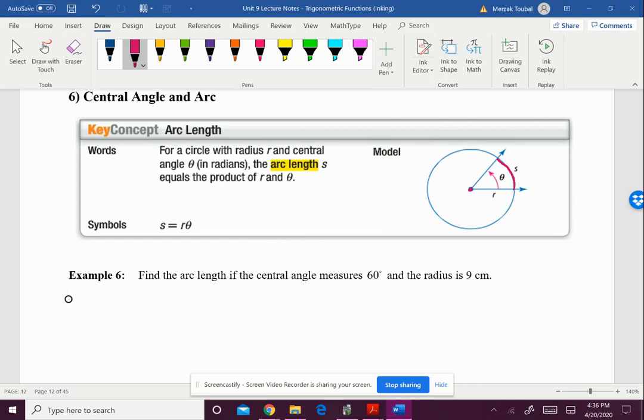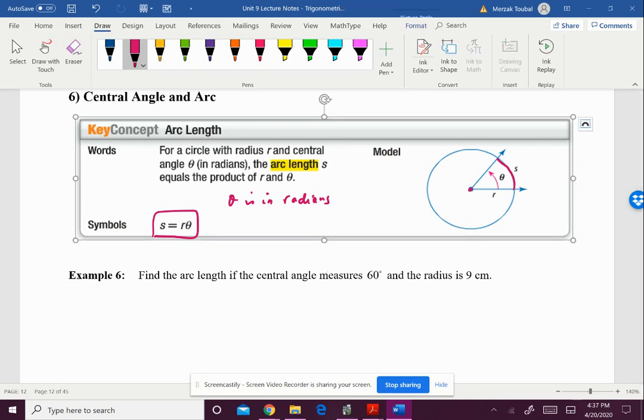The formula we use to find the length is S equals R times theta, where theta, the angle, must be in radians. If the angle is given to us in degrees, we must convert it to radians.